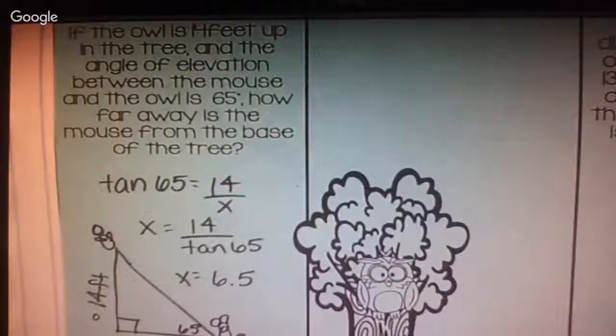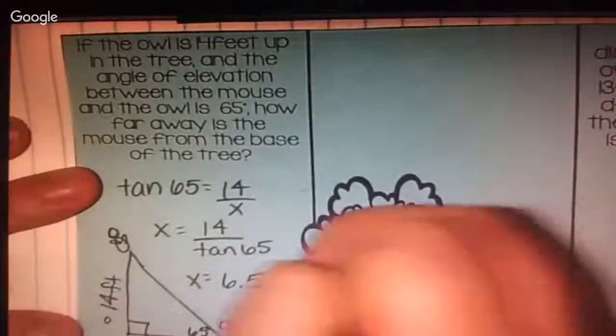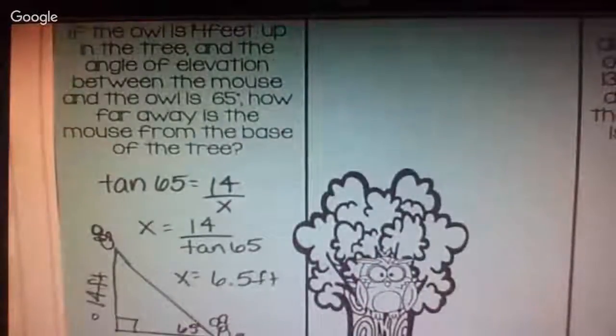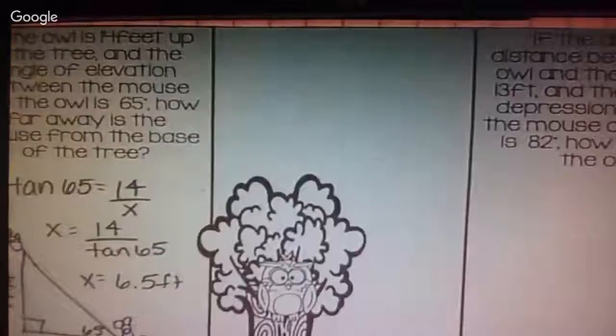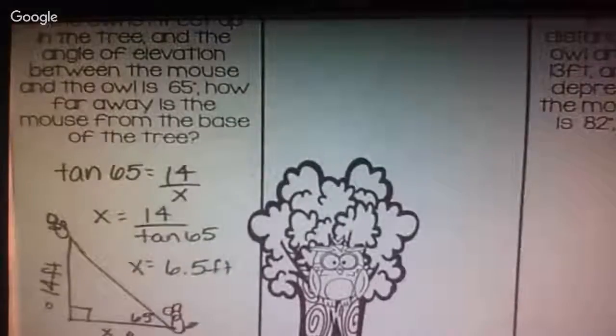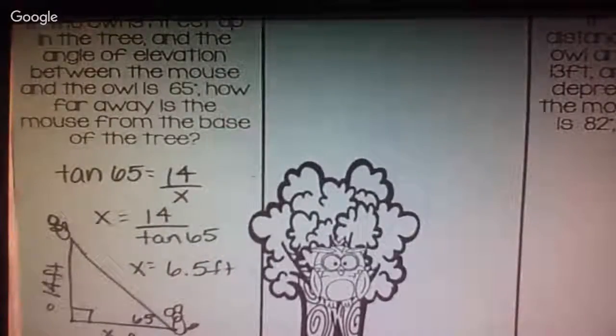If they say round to the nearest tenth, your answer would be 6.5. If they say nearest hundredth, it would be 6.52. If they don't specify, I could take whatever. Okay. And this should be in feet. Questions on that one? Good.